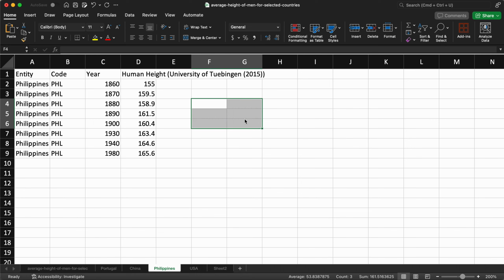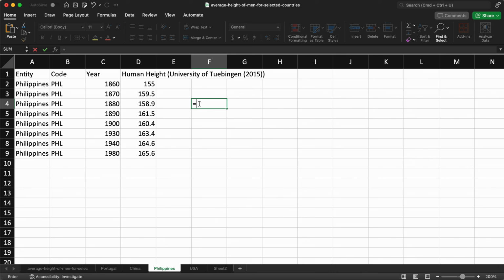So how we do that is we select any cell we want where we're going to calculate this. To calculate anything, you first type an equal sign. That starts a formula. So now Excel's thinking, okay, I'm going to receive some type of mathematical formula.